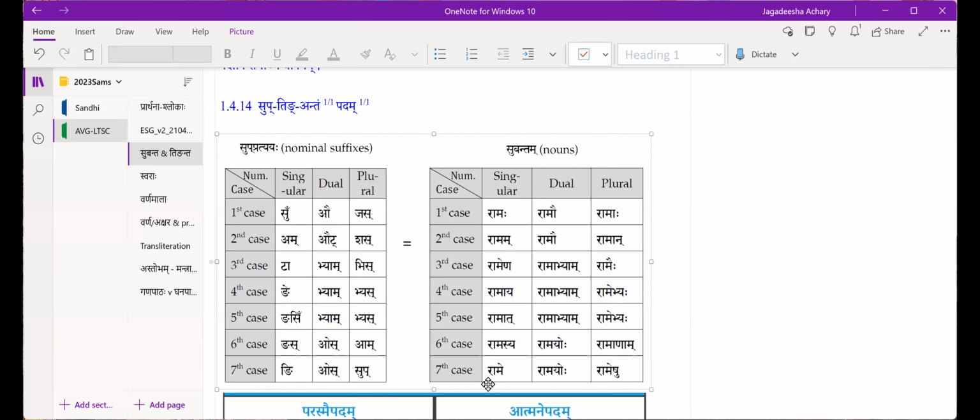He will have looked at this and found out how we can explain it as a general rule, not just for Rama, and it should be applicable for feminine also, and for neuter also. That way he came up with these pratyayas.